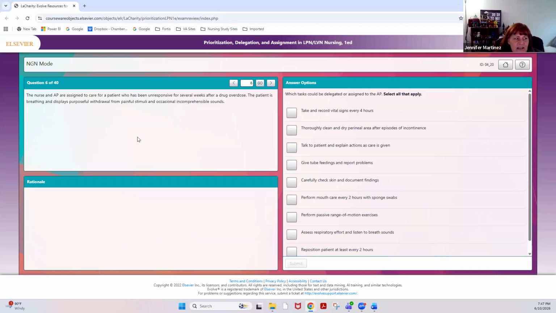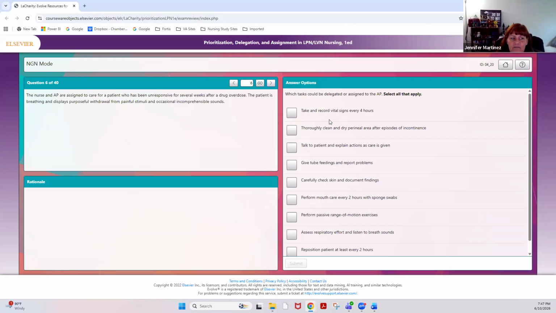All right. So this one's a delegation. So the nurse and AP are assigned to care for a patient who's been unresponsive for several weeks after a drug overdose. The patient is breathing and displays purposeful withdrawal from painful stimuli and occasional incomprehensible sounds. So which task can we delegate to the AP? Okay.